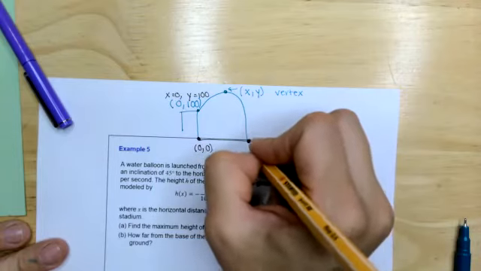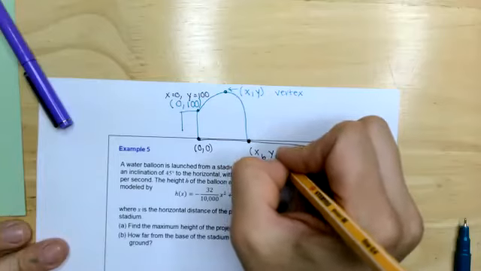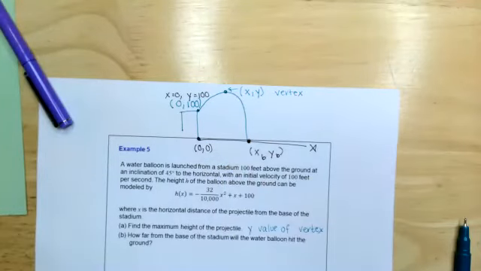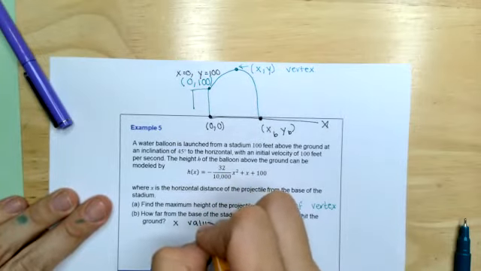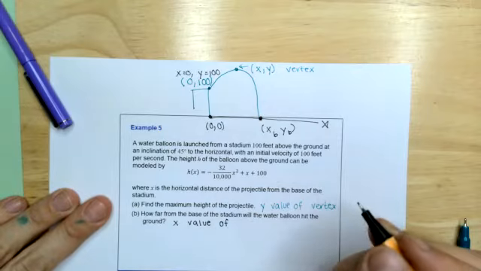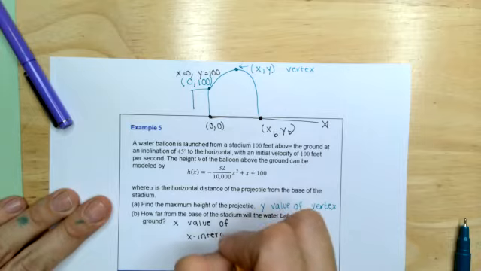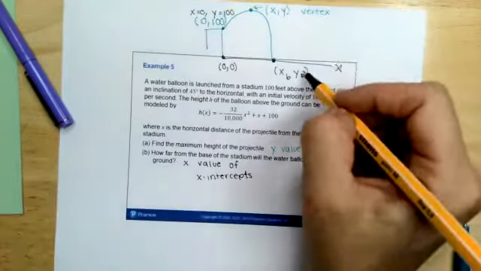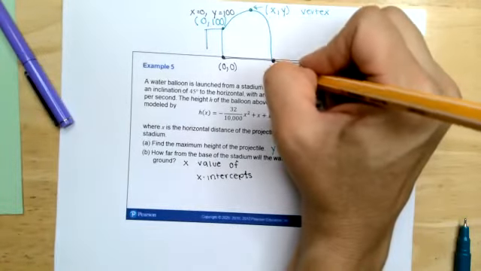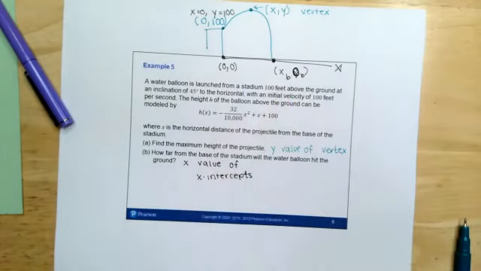And so we want to know what will be the x value of, yeah, what are the x-intercepts, right? When y is 0. If y equals 0, what is that other x?